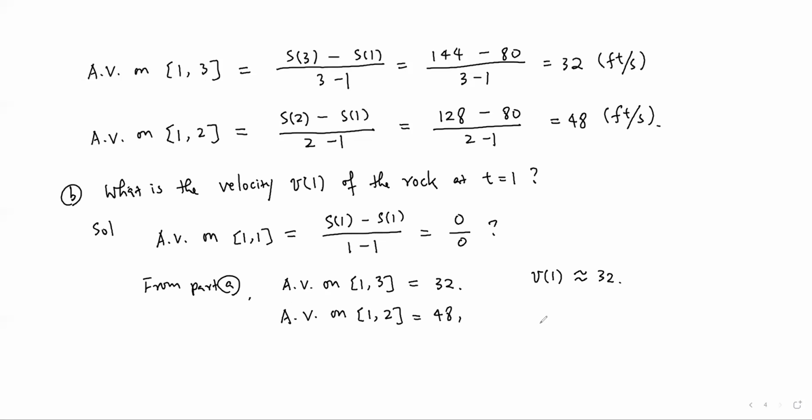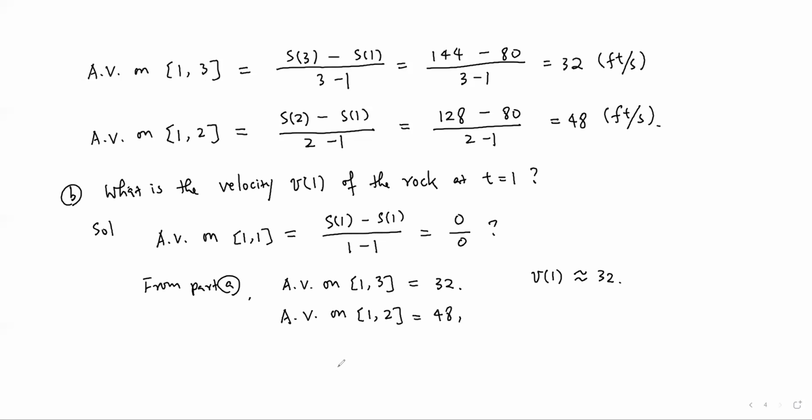Now I have a new guess. This new guess is better than the guess 32. Why? Because the time interval 1 to 2 is shorter than the time interval 1 to 3.